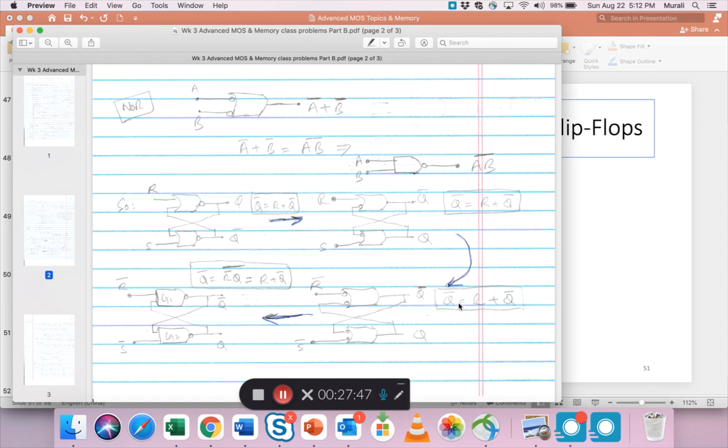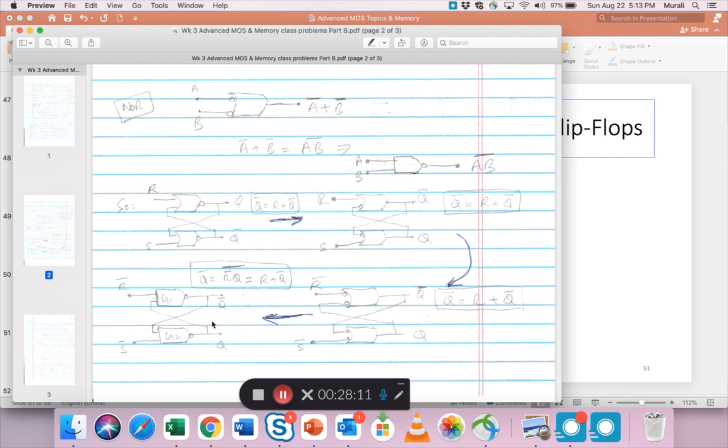Okay, so again the output is R bar, sorry, Q bar. Remember, we put an R bar input, flip it or invert it, so it goes in as an R. Similarly, Q goes in as a Q bar. So Q bar is R plus Q bar, which is the same as this.